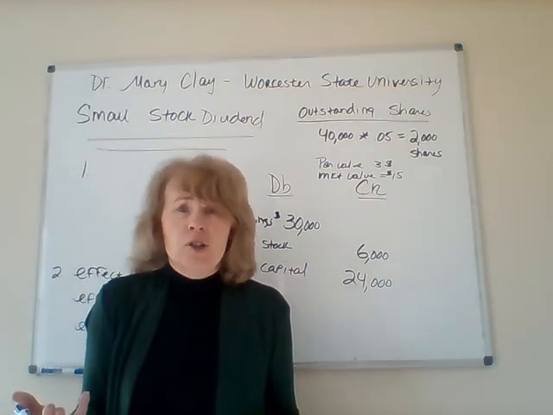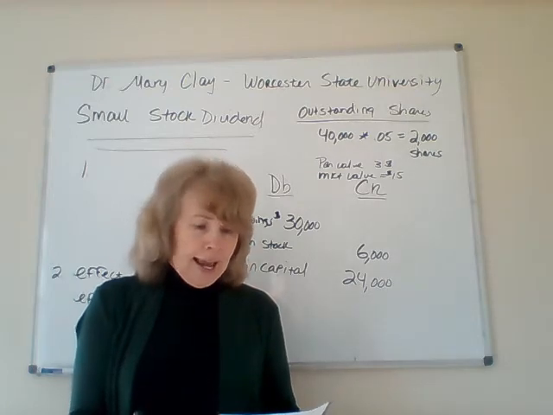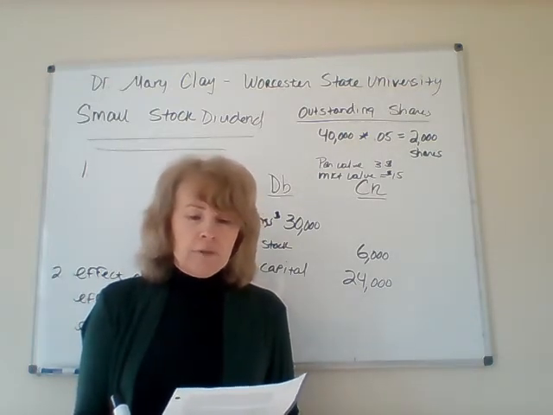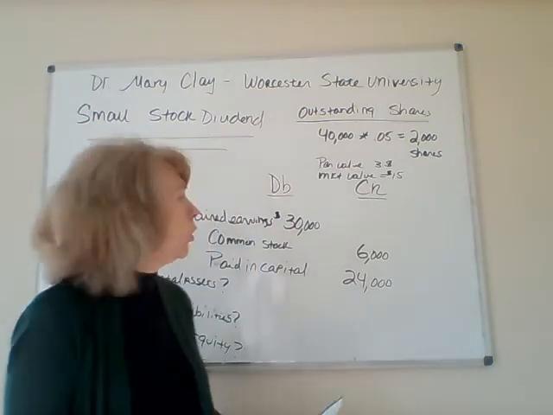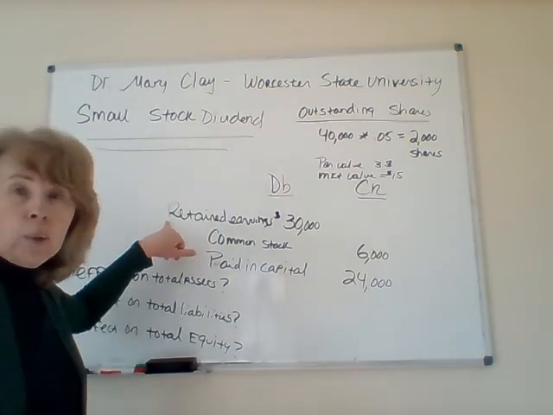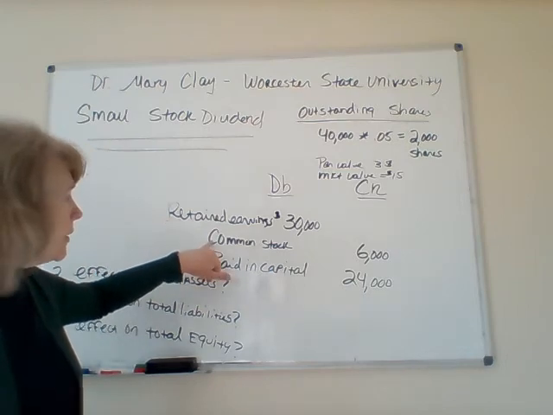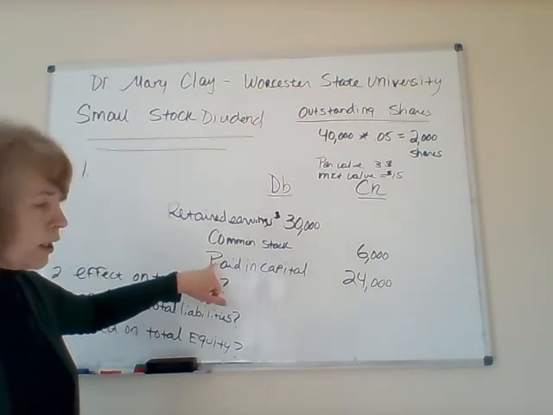Next part of the question, what does it ask? It asks, what was the overall effect of the stock dividend on Hometown's total assets? Okay, so look at the entry. That's an equity account, right? That's an equity account. That's an equity account.